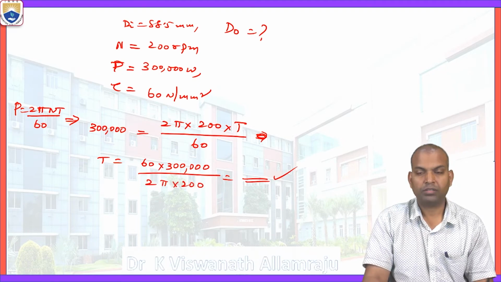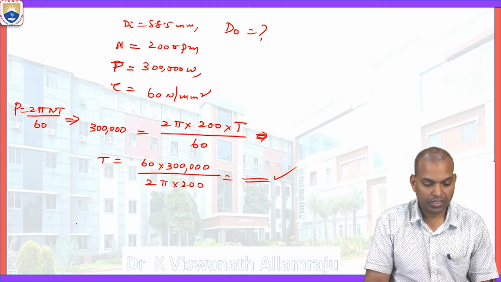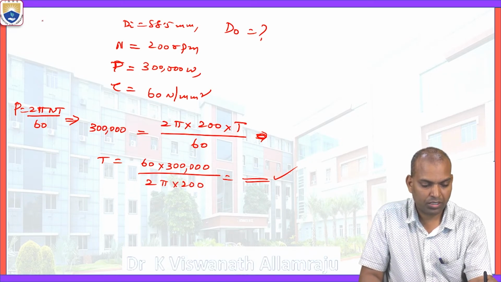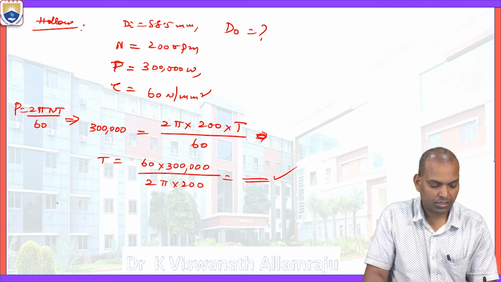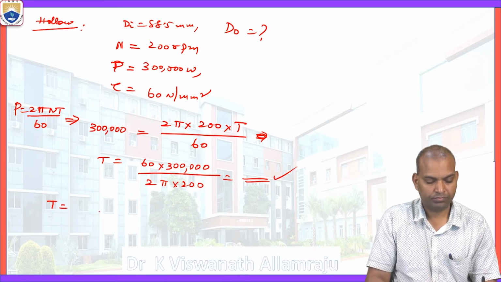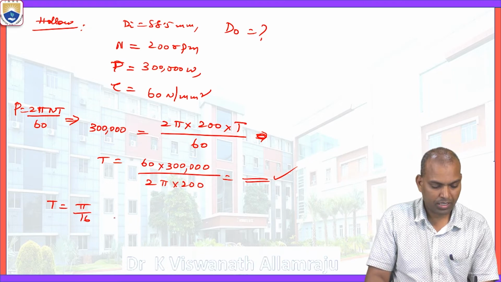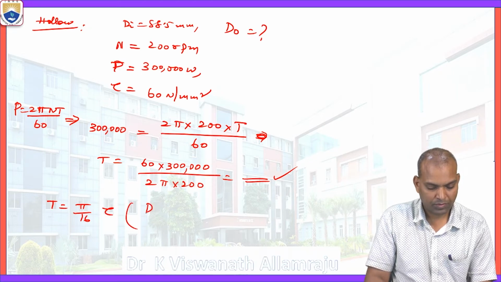The torque value comes. For a hollow circular shaft, the shaft is hollow, so the torque T equal to pi by 16 times tau times D naught power 4 minus Di power 4 by D naught.